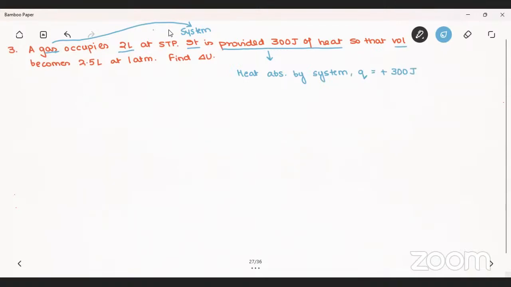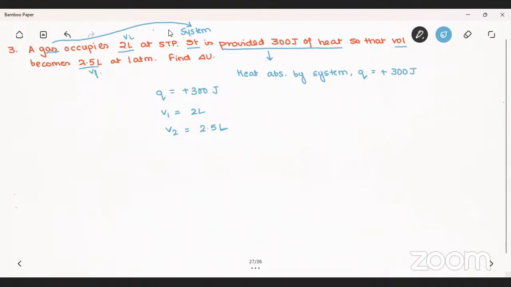So that the volume becomes 2.5 liters. So this is our initial volume and this is our final volume. So what is given? Q is equal to plus 300 joules. Initial volume is 2 liter. Final volume is 2.5 liters.